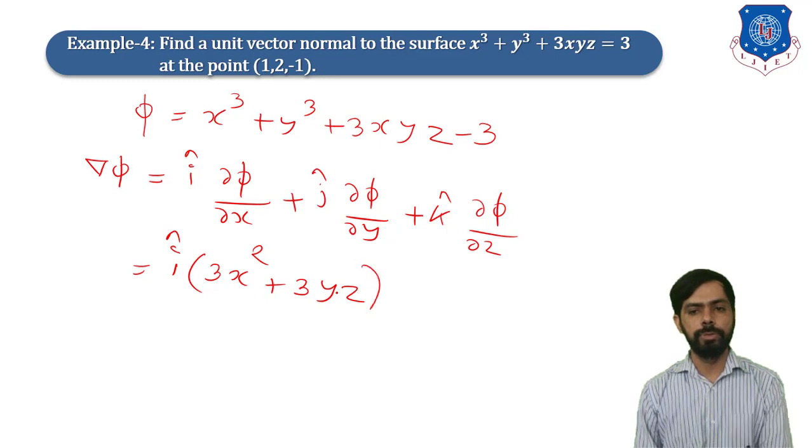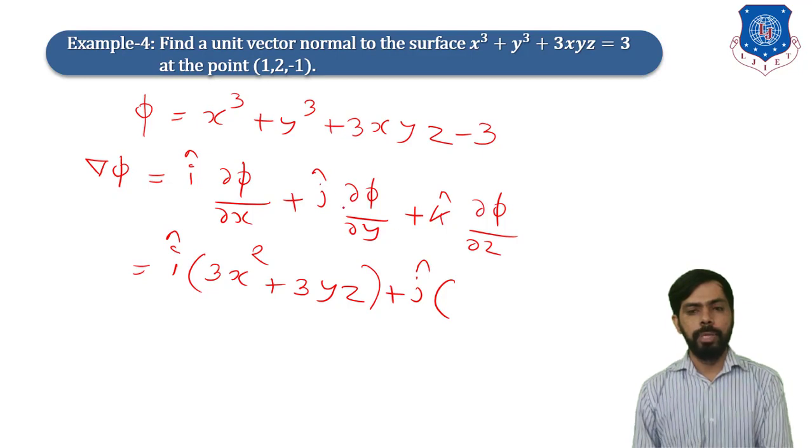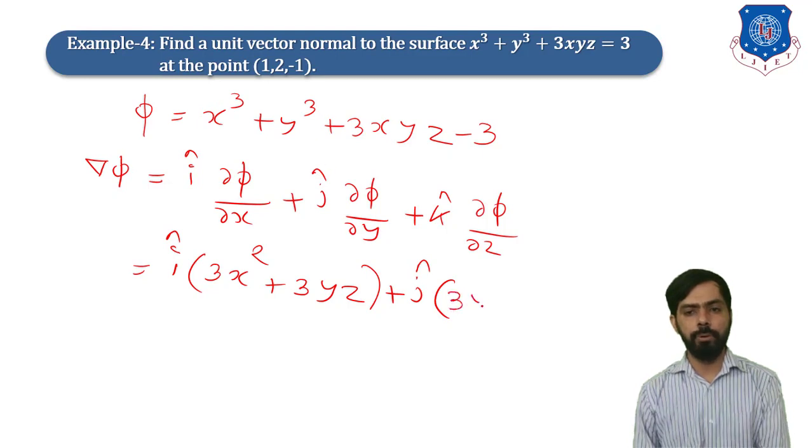Now j del phi by del y. The meaning of del phi by del y is the partial differentiation of function phi with respect to y, keeping x and z constant. The first term x cube is constant, so its derivative will be 0. The second term y cube has derivative 3y square.